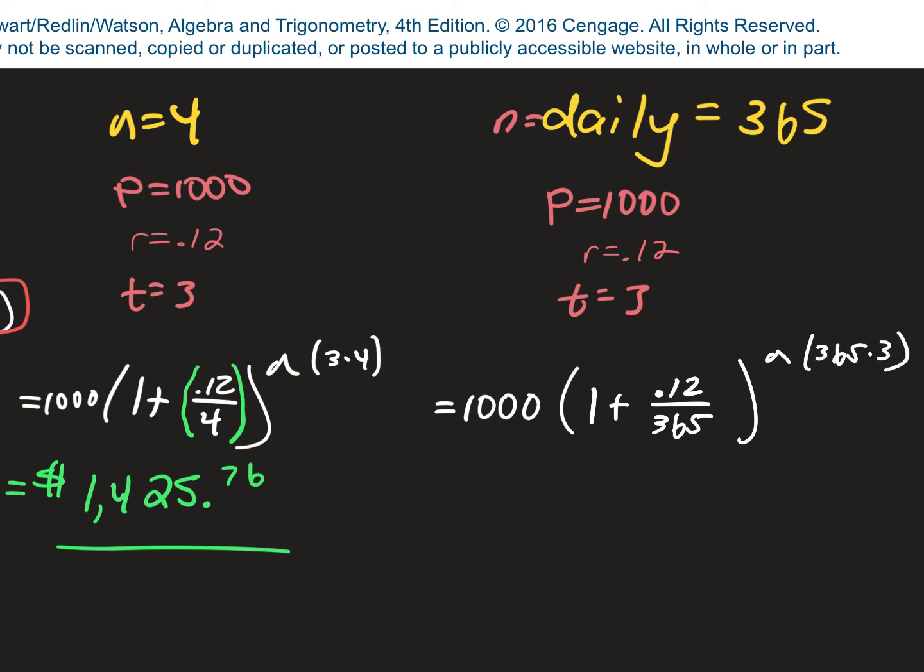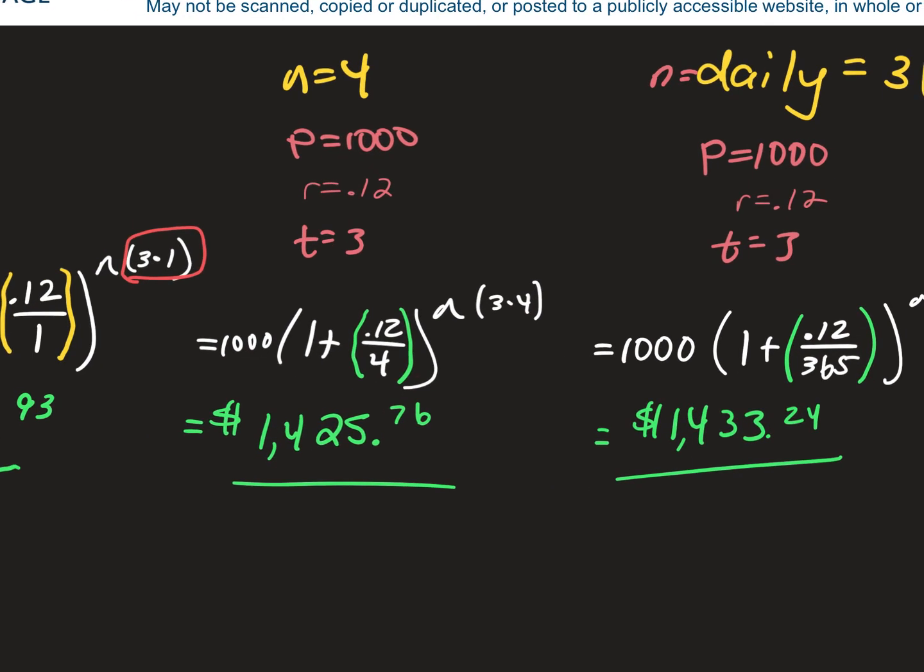It's a big number, and that's okay. But remember, this fraction here needs its own parenthesis. So go ahead. What do y'all get? Tell me. I got $1,433.24. Yeah. Okay.